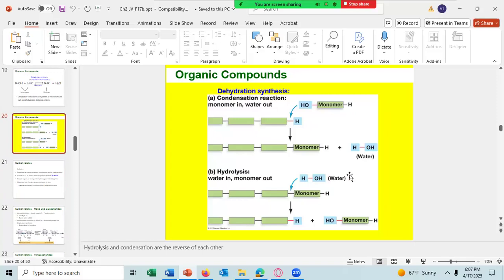For example, our liver stores glucose as glycogen, which is a polymer. And when we need more glucose in our blood, we will add water in hydrolysis to break off the glucose, and then that glucose will join the blood, and the polymer in the liver will be shorter.